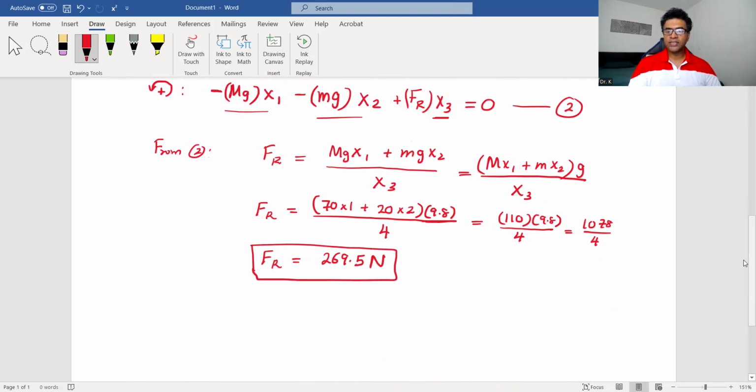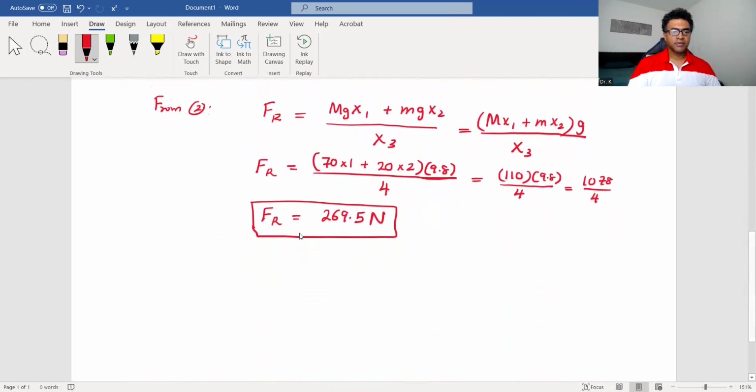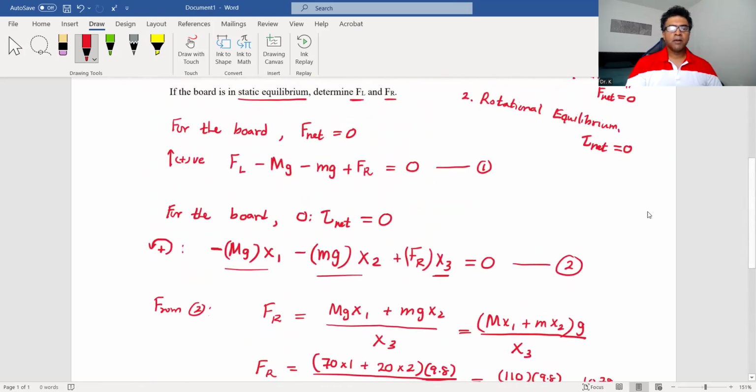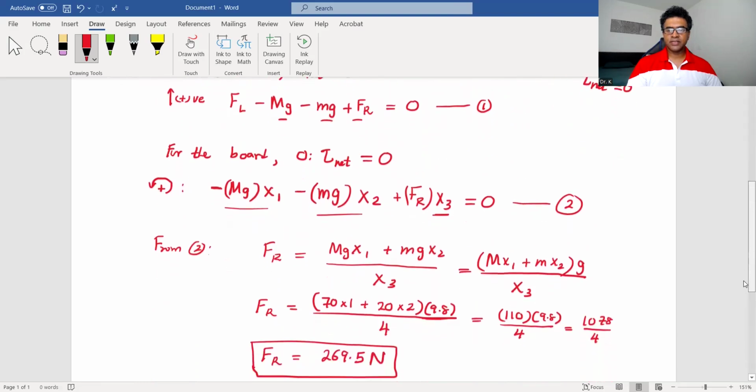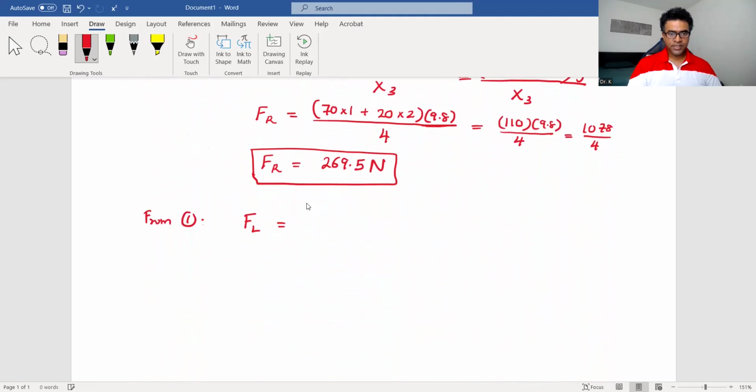Now, how do we find the force acting on the left end? I'm going to use equation number 1. From equation number 1, I'm going to solve for f of L. You can see simply I'm going to push these 3 terms to the other side of the equal sign, and then I get this expression: big mg plus small mg, and then minus f of r.